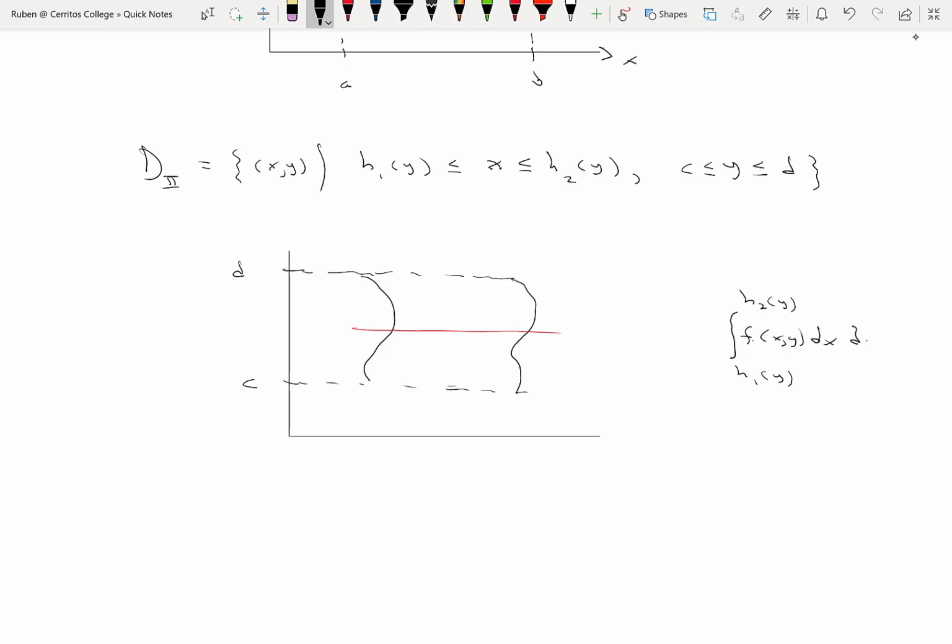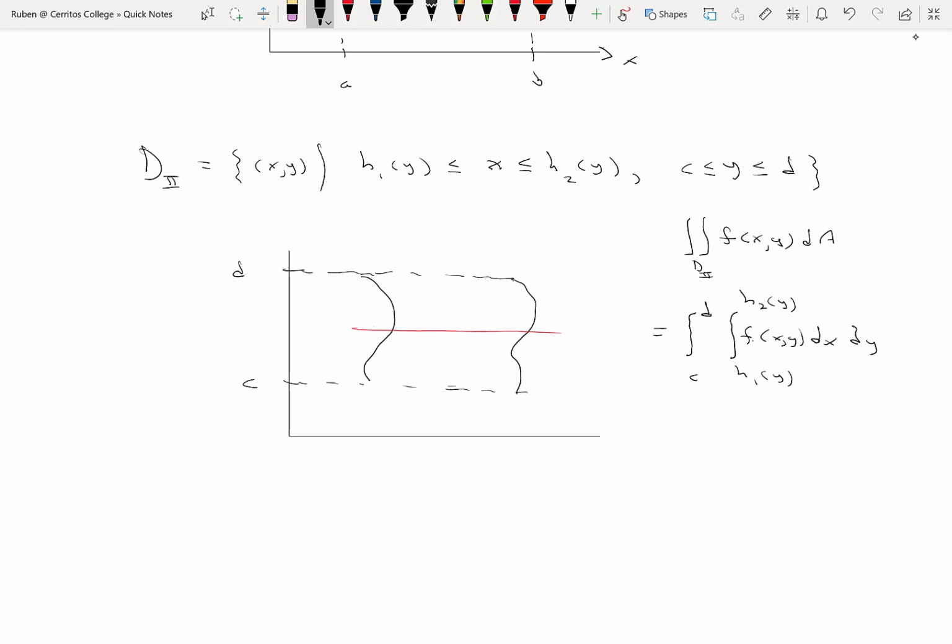Then we integrate that result with respect to y as y ranges between c and d, and that gives us the value of our double integral over the type II region, f of xy dA. Okay, and that's our quick review of what we've done so far.